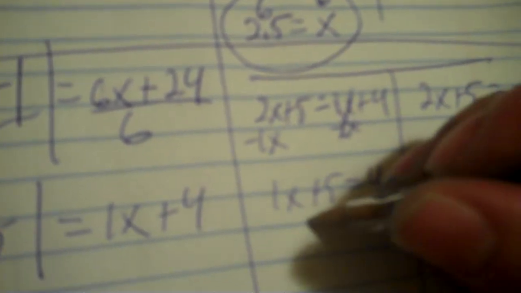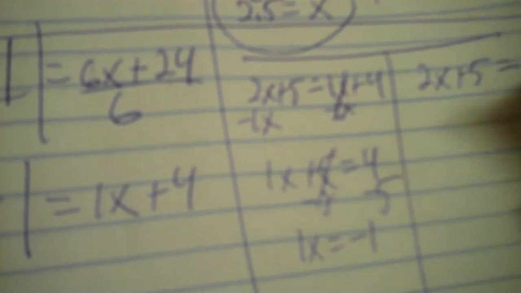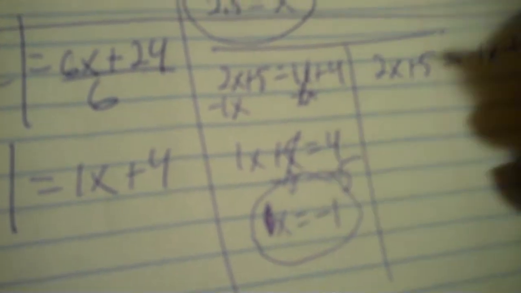So I got 1x plus 4, and then I just shift the signs. Negative 1x minus 4. So 2 and a 1, I'd get rid of the 1. So it's 1x plus 5 equals 4. Then I minus 5. 4 minus 5 is negative 1. You can divide by 1 or just get rid of it. It's negative 1.